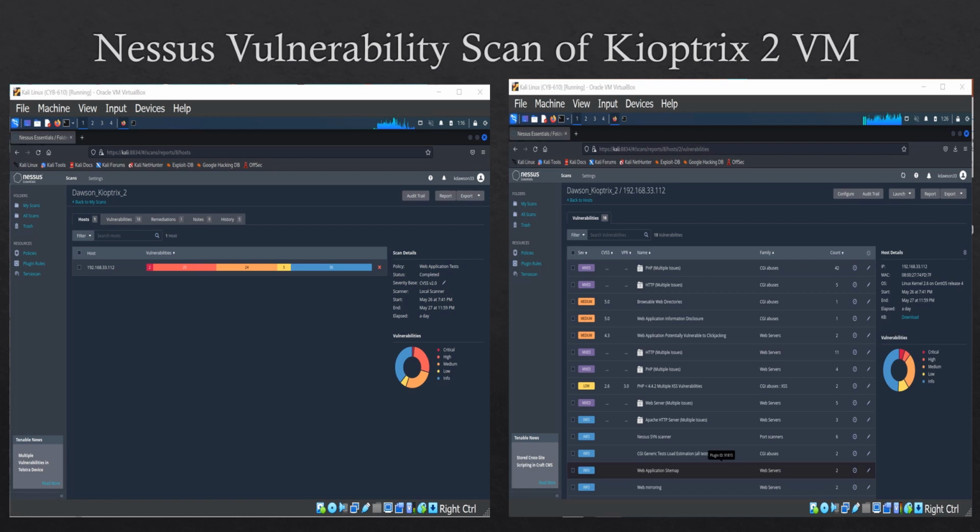So we see the MAC address, the operating system that's running, which is Linux kernel 2.6 on CentOS. We also have, once again, another breakdown of the vulnerabilities, but now we see the severity, the CVSS score, along with the name and then the family of vulnerabilities it belongs to.